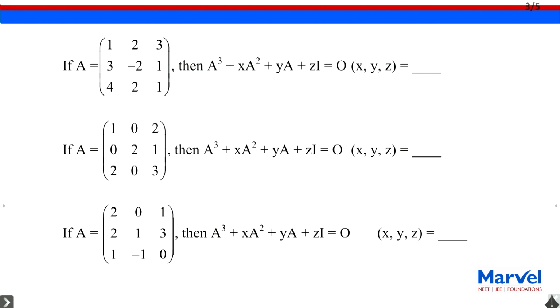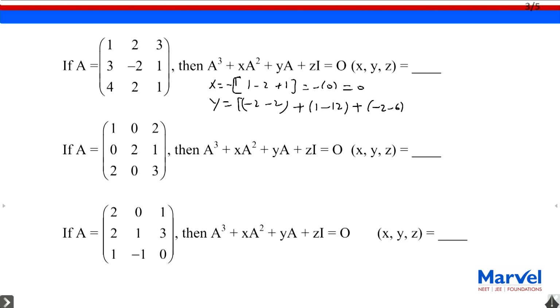Actually x equal to minus of the trace, 1 minus 2 plus 1, minus of 0, equal to 0. And y equal to the sum of the minors of the diagonal elements: minus 2 minus 2, plus 1 minus 12, plus minus 2 minus 6, which is equal to minus 4 minus 11 minus 8, minus 23.